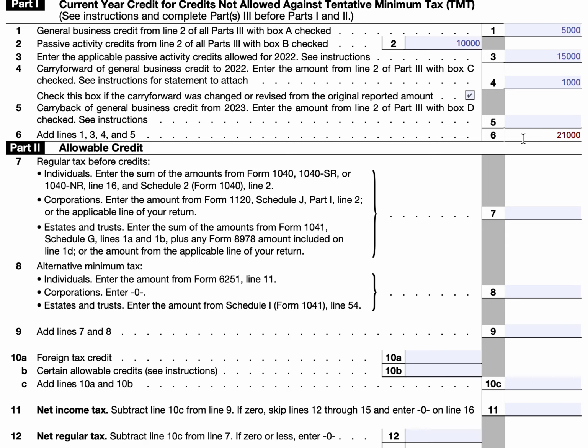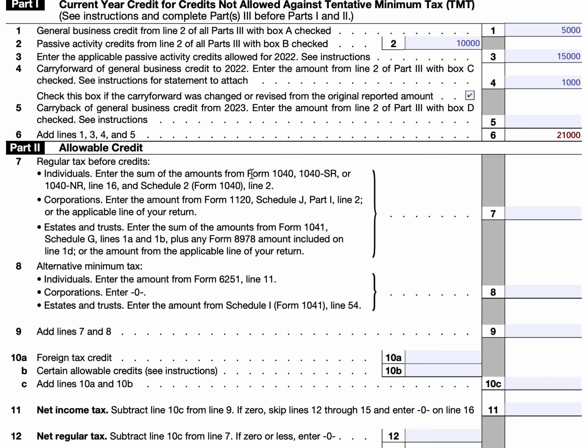So in part 2, we'll go through this just step by step. For individuals, you'll enter your regular tax based on the sum of your 1040, line 16, plus line 2 of your Schedule 2.